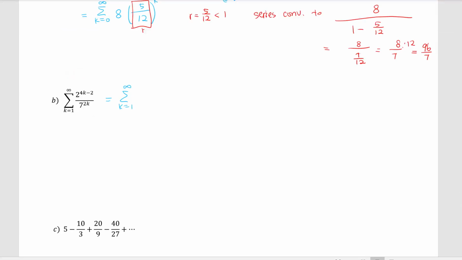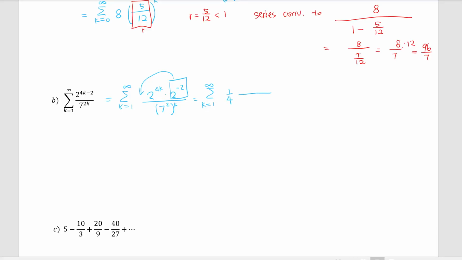Okay, first of all, we gotta split the constants and the k powers, okay? So we have 2 to the 4k times 2 to the negative 2. Split the exponents. And here we have 7 squared to the k. Split them. Okay, so this is constant. We can move it in front. So 2 to the negative 2 is 1 over 4.